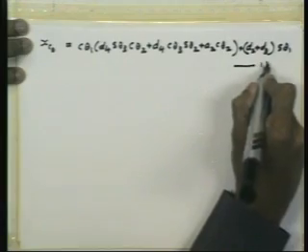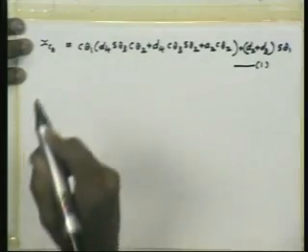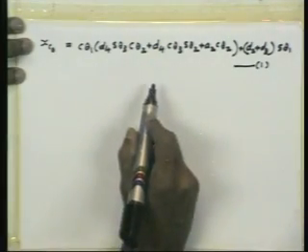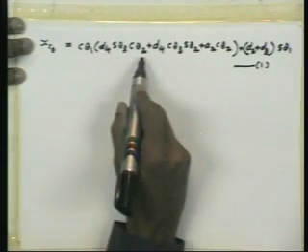So this expression 1, you will see that xc0, that is the global position of the concurrency point C, the x coordinate of that, is a function of all the three angles, theta 1, theta 2 and theta 3.